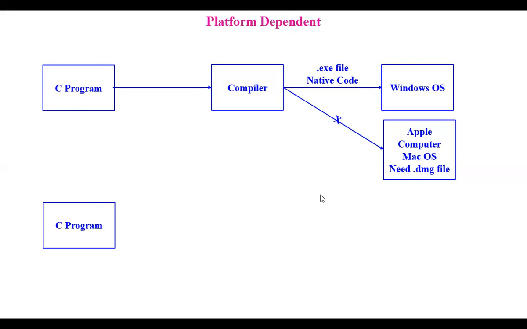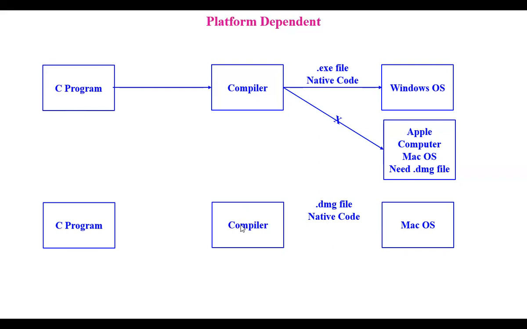The program written in high-level C, when you want to run it on the Mac operating system, we have to convert it into a .dmg file. So a different compiler should be used. This compiler takes the instructions in the high-level language, converts them into .dmg files, and the program is executed on Mac.